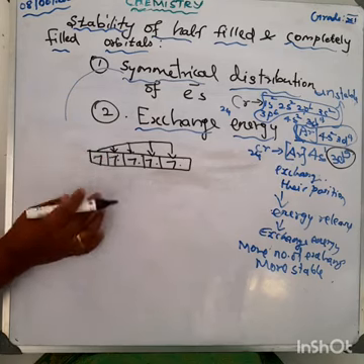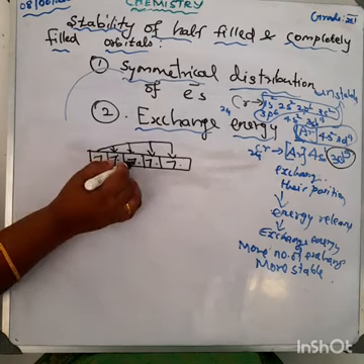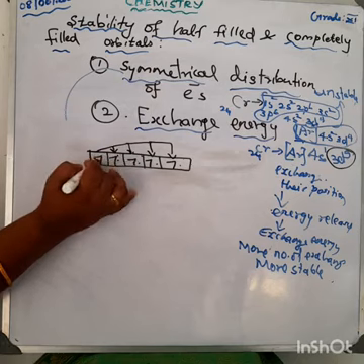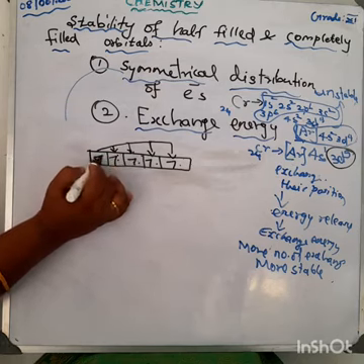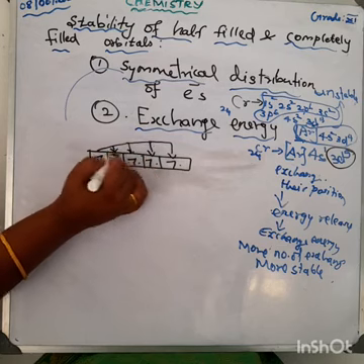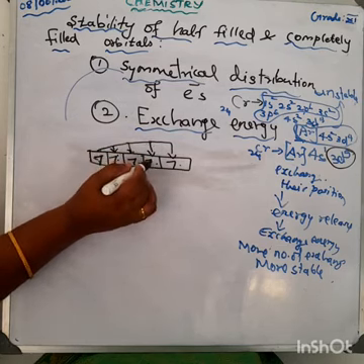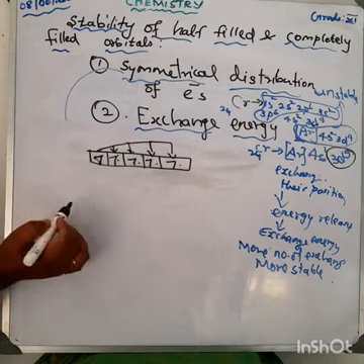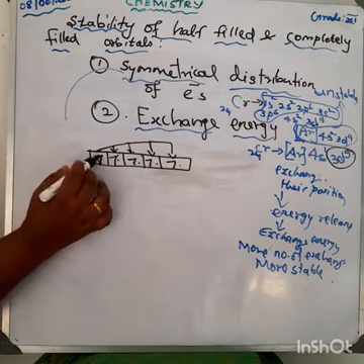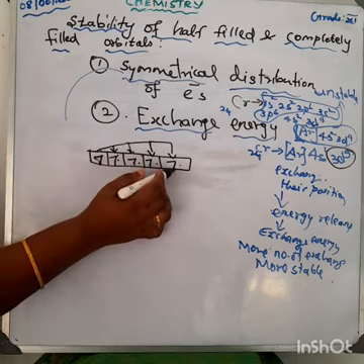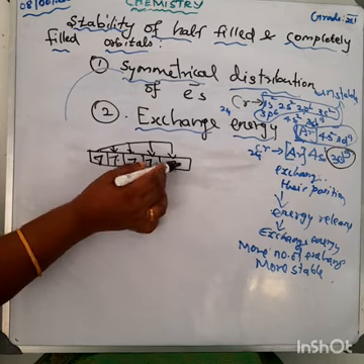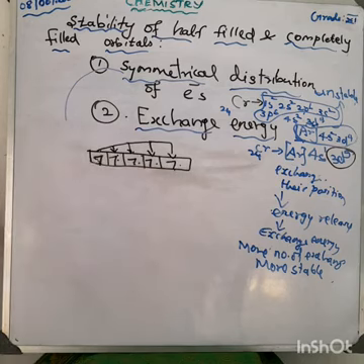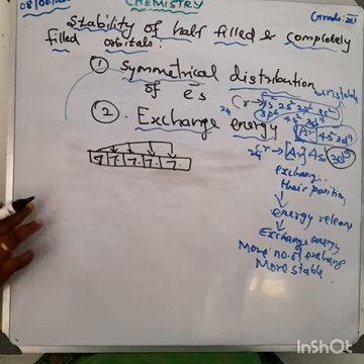Suppose it exchanges with the fourth orbital, the fourth orbital electron will come to the first electron's place. Suppose it exchanges with the fifth orbital, the fifth orbital electron will come to the first orbital place. Understood? This is the exchange.